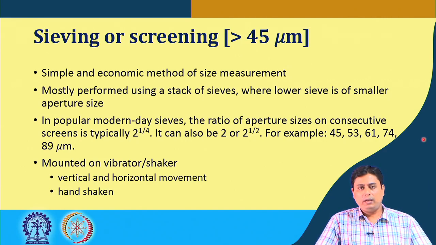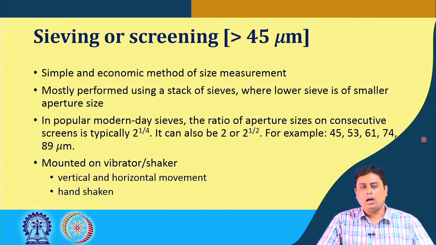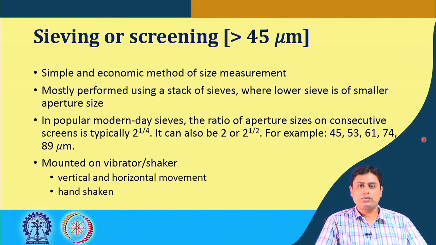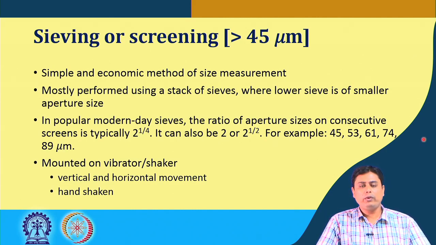One of the typical examples of sieving is what we see in our household applications during the separation of different sizes of, let's say, rice grains or wheat or flour, when we do that in a strainer, or even when we separate the tea leaves from tea with a strainer.